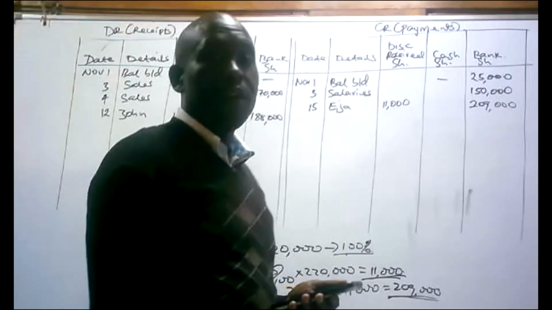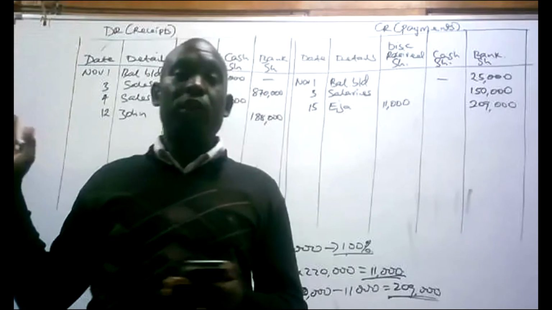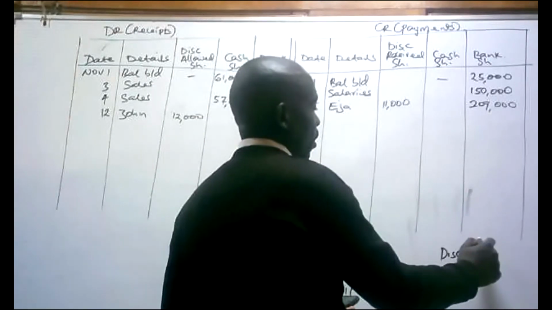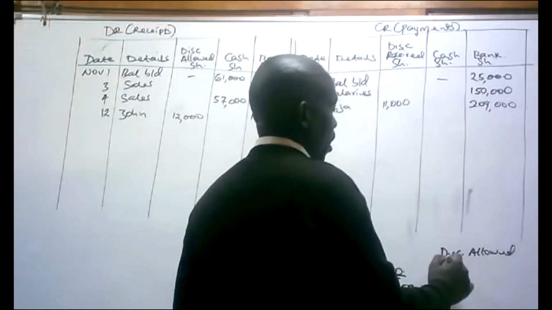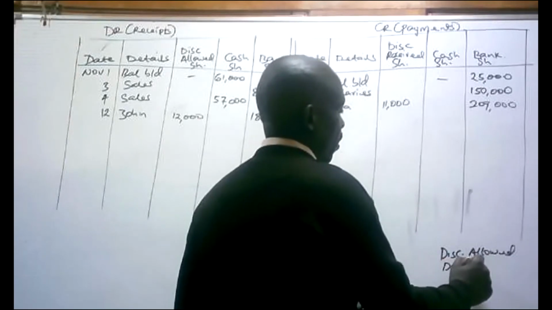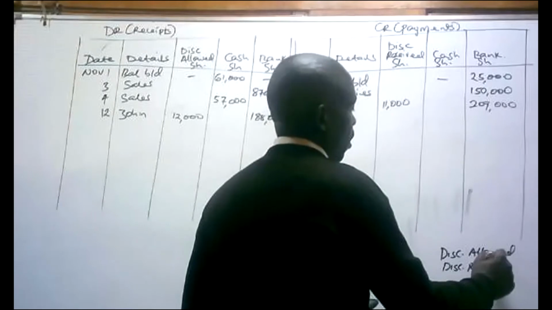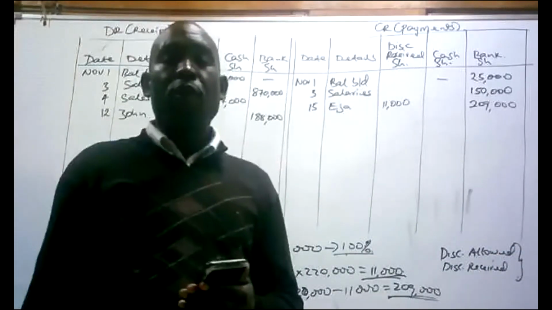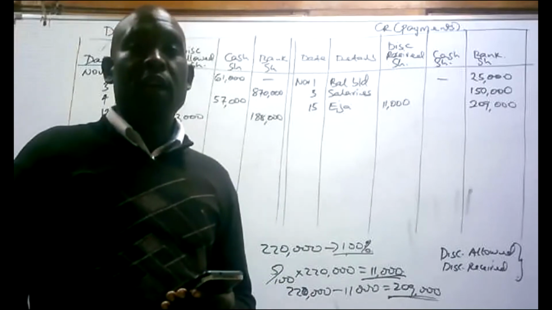The discounts that we are talking about here, both the discount allowed and discount received, these two are known as cash discounts. So the word cash discount there does not mean cash.